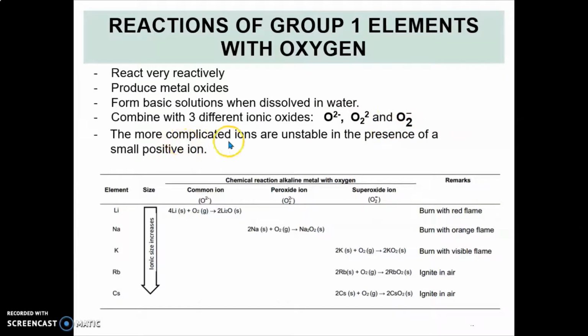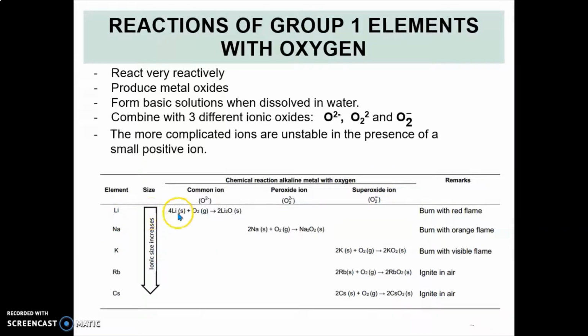The more complicated ions, such as the superoxide ion, are unstable in the presence of a small positive ion. Going down a group, the ionic size increases, meaning the elements at the bottom of group 1, such as potassium, rubidium, and cesium, tend to react to form the superoxide ion.